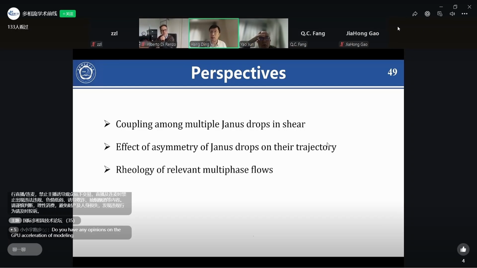Also, we can have other asymmetries of the Janus droplet here. For example, the density of one component could be higher than the other one, or its viscosity higher than the other one. So many asymmetries can be considered here. The final objective of our research is the rheology of the relevant multiphase flows. If you have a flow system with so many Janus droplets, what's the macroscopic property of these multiphase flows?